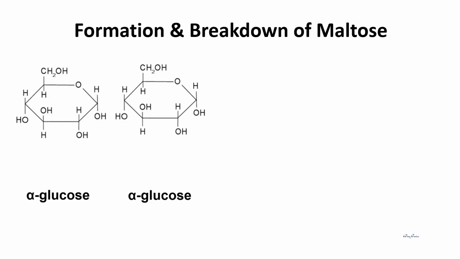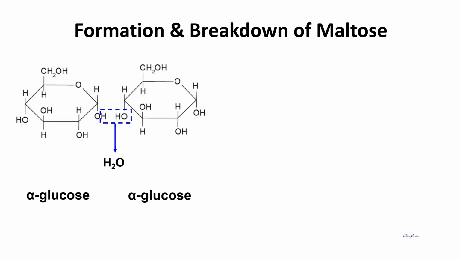This picture shows us the formation and breakdown of maltose. So remember, this is the last learning outcome in 1.2. First of all, students must be able to draw the units or monomers of maltose, which are two alpha glucoses. So the structure of the alpha glucoses must be correctly drawn, and how the water is removed through the condensation process.